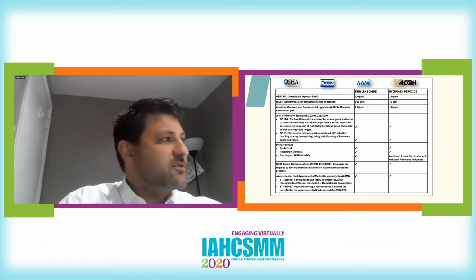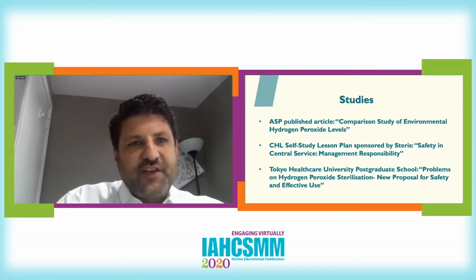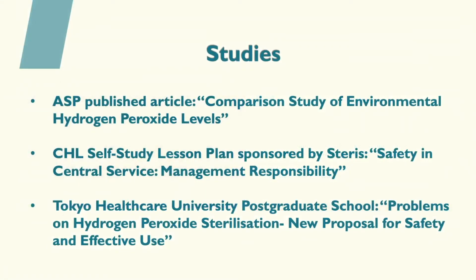There are some studies out there. One of the things we look at as a company and for safety is malfunctions, but also just general use. So there are a few studies you can look at. ASP did a study a few years ago called the Comparison Study of Environmental Hydrogen Peroxide Levels. They found that various sterilizers emitted up to 20 ppm of fugitive H2O2 emissions, or vapors that escape after the chamber door was opened.